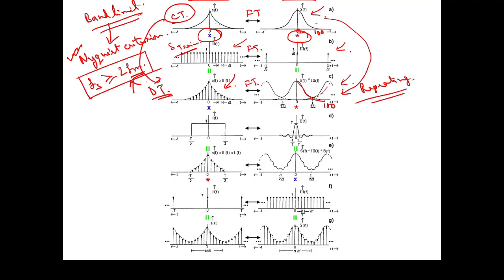Okay, so you have to choose the characteristics of the impulse train which is related to the Fs, because how much this delta t is would govern your sampling frequency. 1 by delta t is your sampling frequency basically, right?